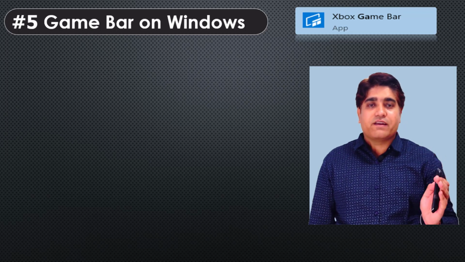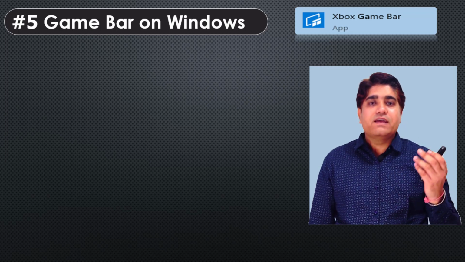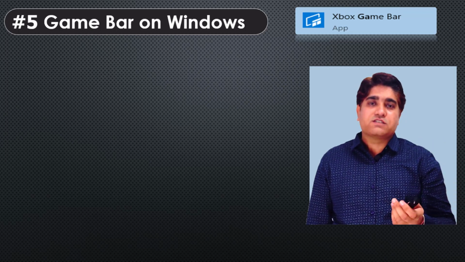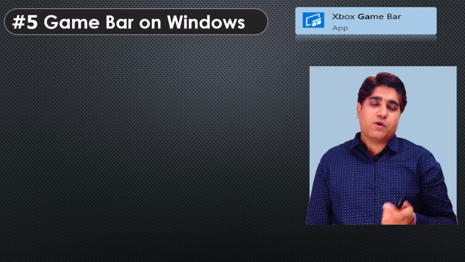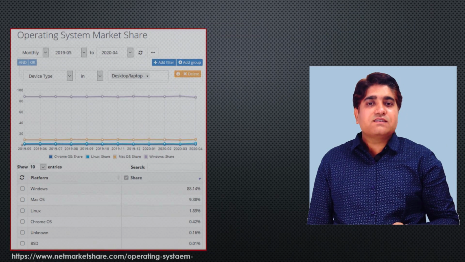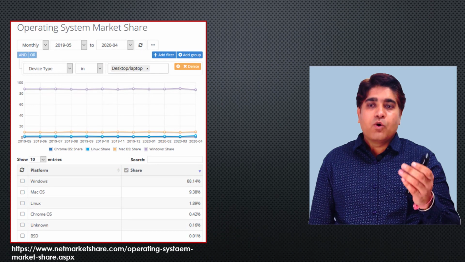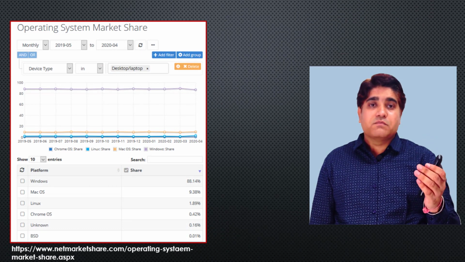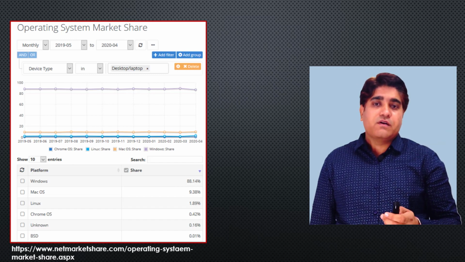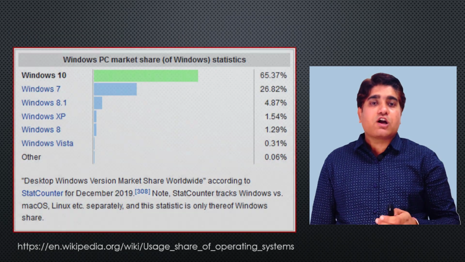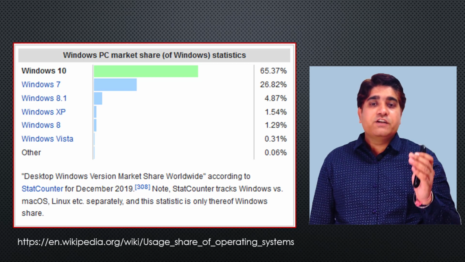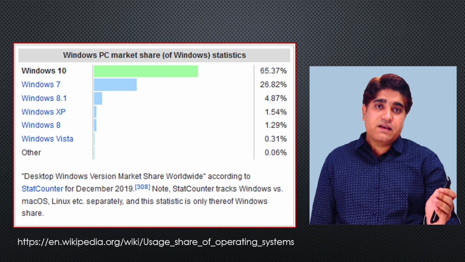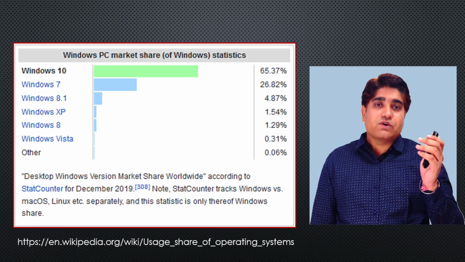As we all are aware, if we see our nearby environment, most of us have the Windows operating system on our laptops and desktops. As the facts say, more than 80% of the available operating systems are Windows. And specifically, Windows 10 has had more than 65% market share since December 2009.